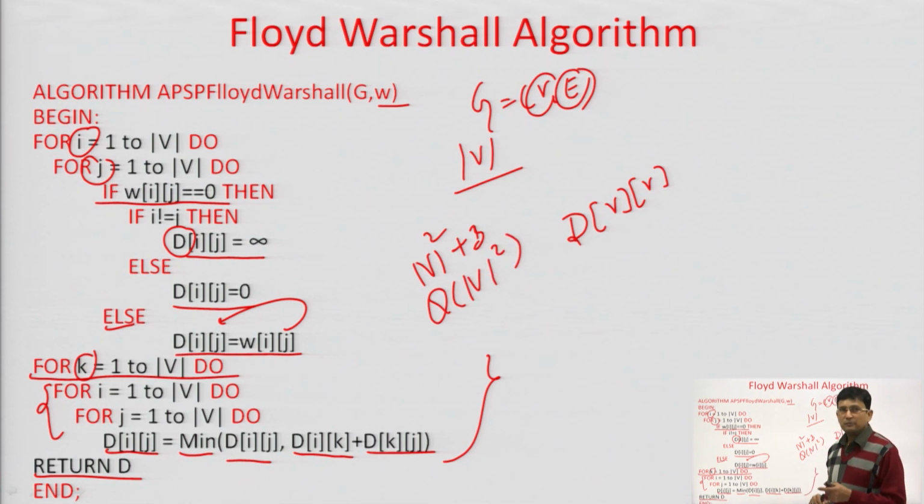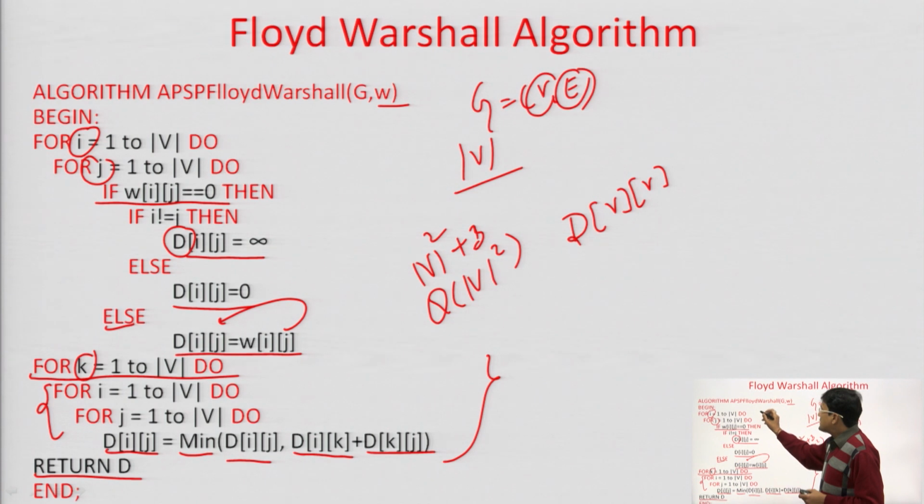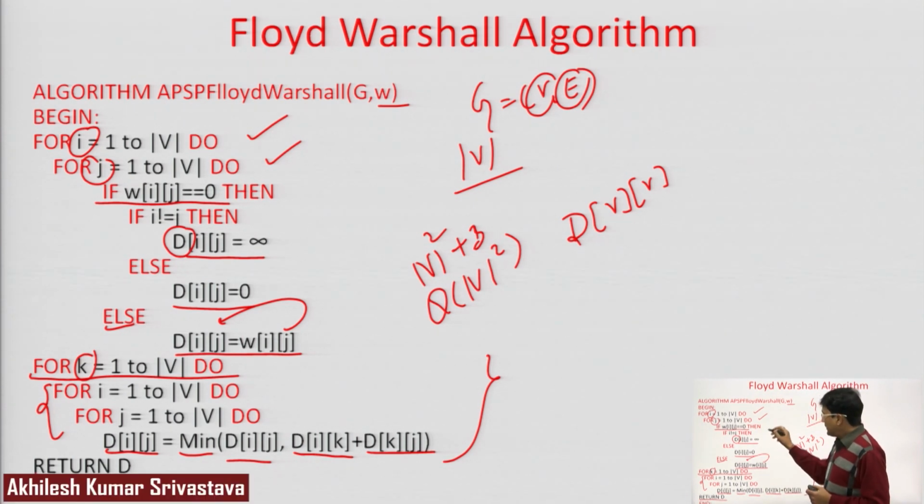And what about the time? Here, for analysis of this you can just see the loops. The first loop says that it runs from 1 to V, 1 to V, it means there are nested loops. Inside this there are certain conditions you are checking. So, either this condition will be true or this will be true. So, if this condition is true, you are again checking a condition and then a statement.